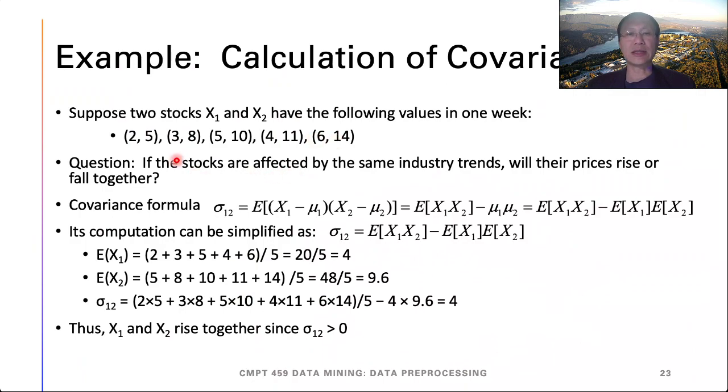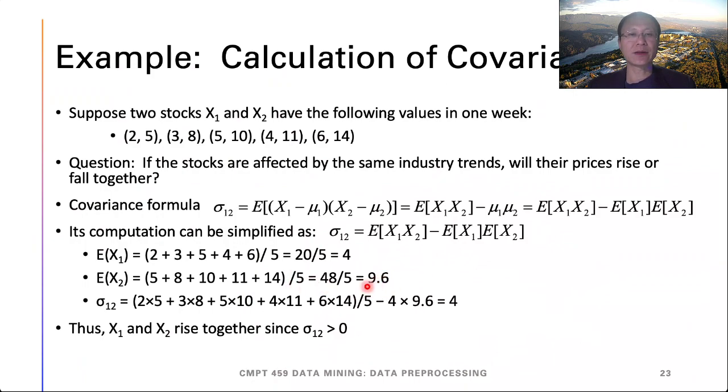And we want to see whether the two stocks are correlated. We use the covariance formula. First, the expectation of x1 is 2 plus 3 plus 5 plus 4 plus 6, the sum divided by 5, which is 4. And the expectation of x2 is 5 plus 8 plus 10 plus 11 plus 14, also divided by 5, which is 9.6.